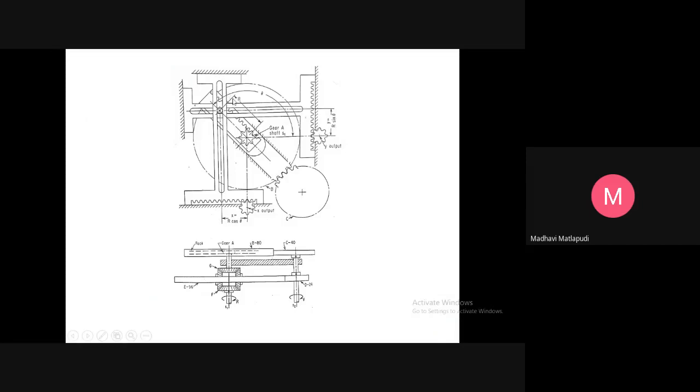Thereby you can maintain R as constant. So when R is constant and gear B is rotated with theta distance, you get two outputs, one as X, which is R cos theta in a linear motion, and Y as R sin theta in another linear motion.